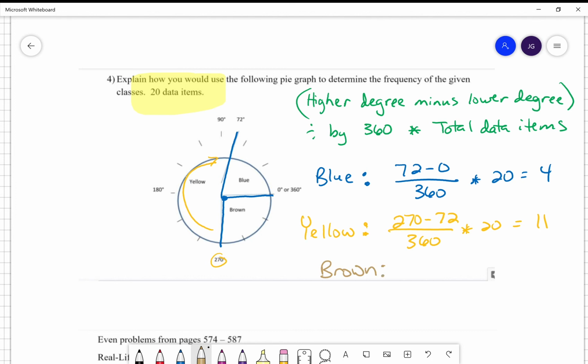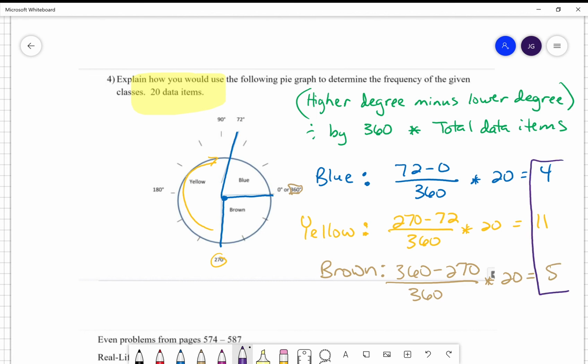Brown would be 360 minus 270 divided by 360 times 20. Five. And as a quick check, these all have to add up to 20. 4 plus 11 is 15 plus 5 is 20.